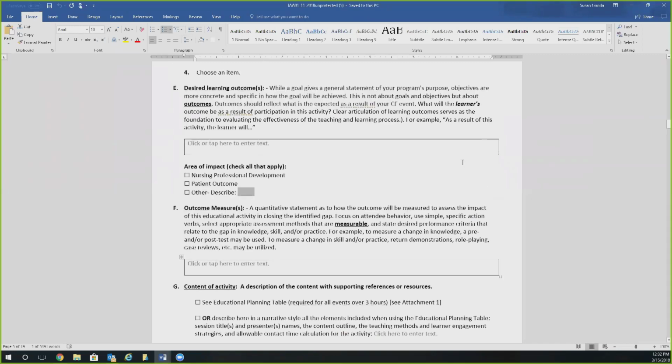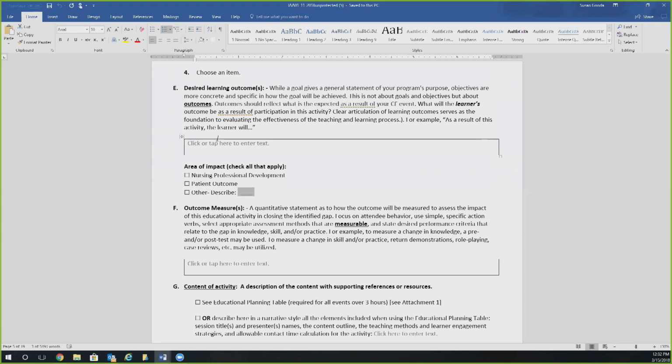A lot of people will write in up here under E, they'll write in objectives. At the end of the event, the learner will blah, blah, blah. ANCC looks at objectives more as what you as a nurse planner are going to impart upon your presenters that you would like them to be able to impart to the attendees, which can fall in another area of the application.